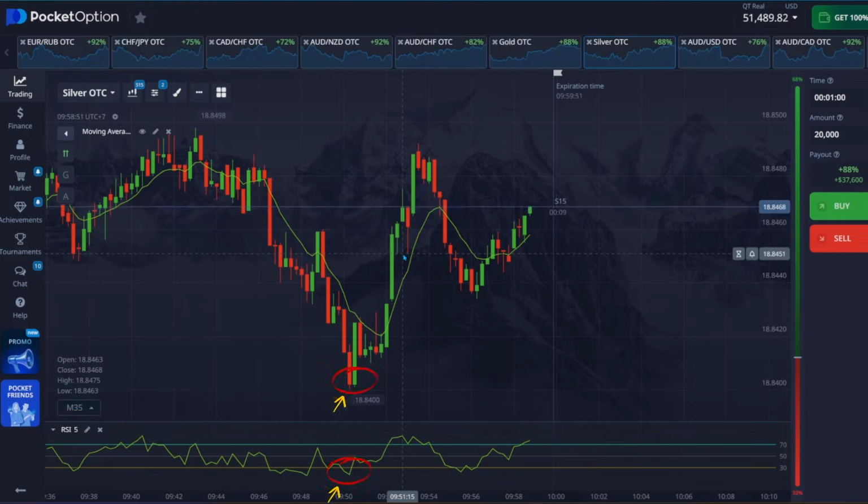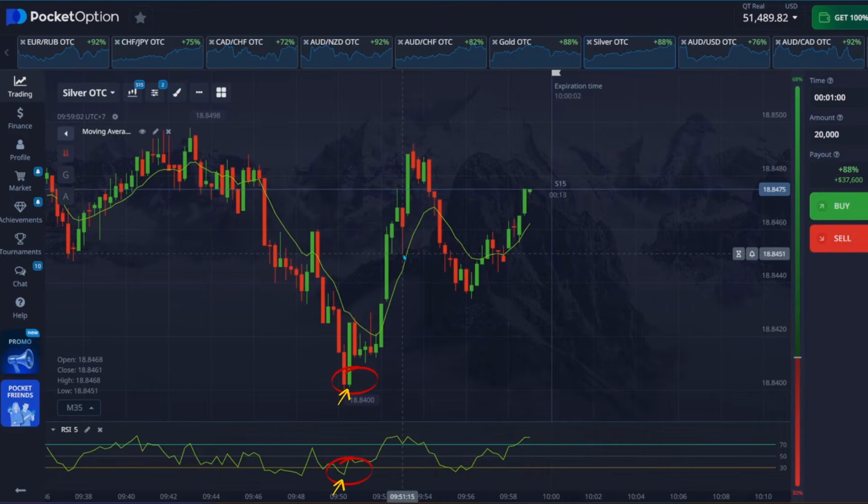When the RSI moves into the oversold zone, while price is forming near or below the EMA 10, it tells us that selling pressure has reached an extreme and the market is preparing for a potential reversal. This becomes our ideal buy scenario.